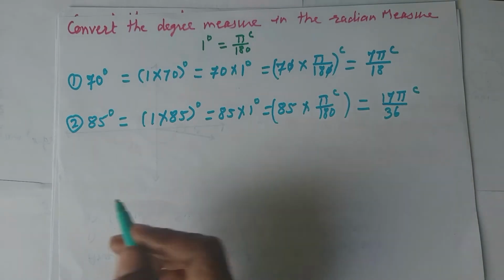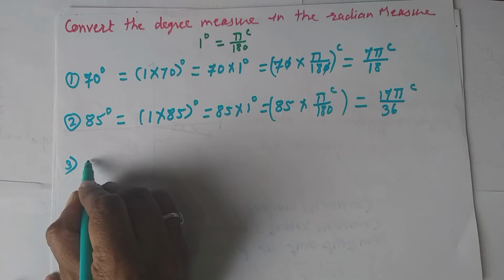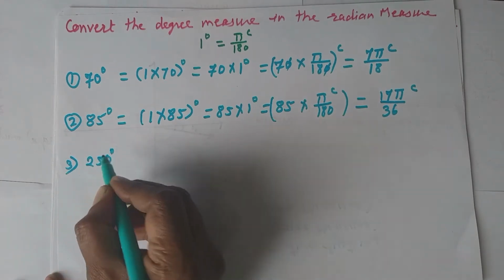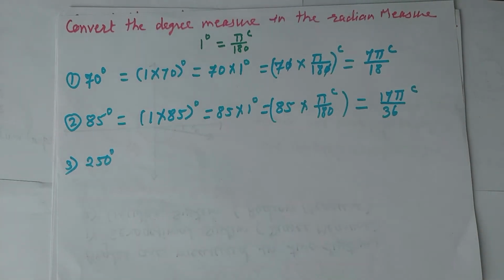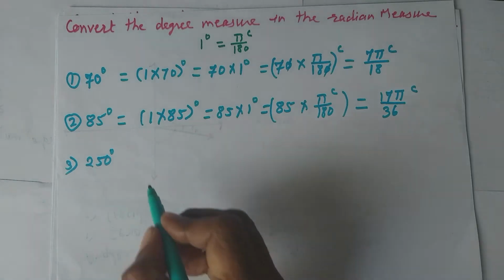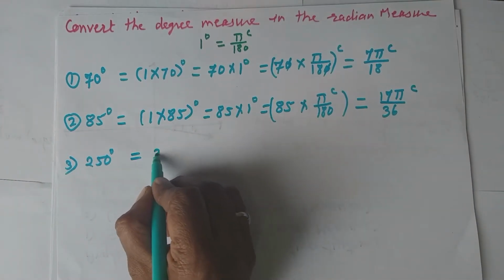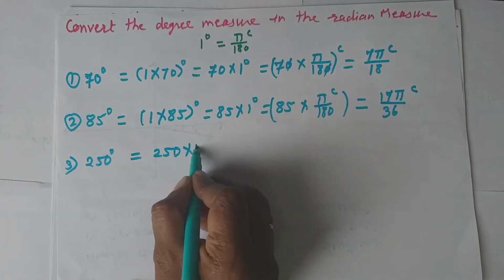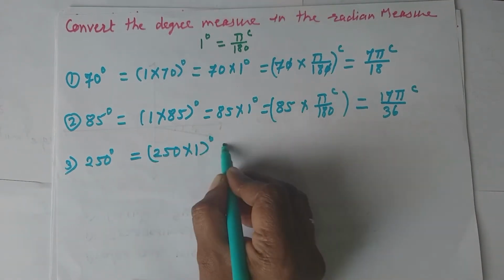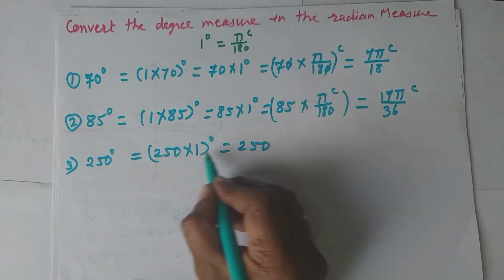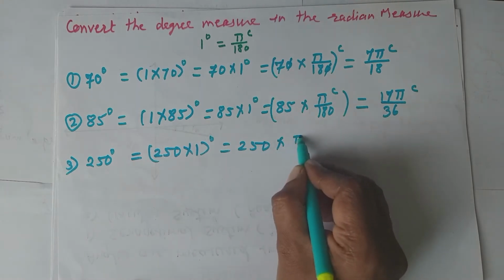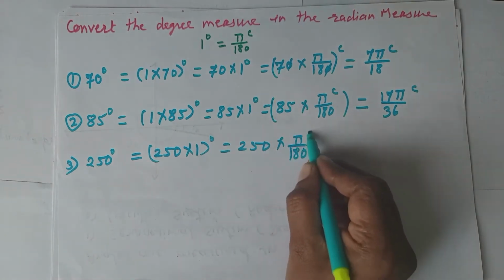Let's see one more example. Suppose 250 degrees is given and we have to convert this into radians. Then again write down this 250 into 1 degree. Now keep the value of 1 degree, that is pi divided by 180 radians.